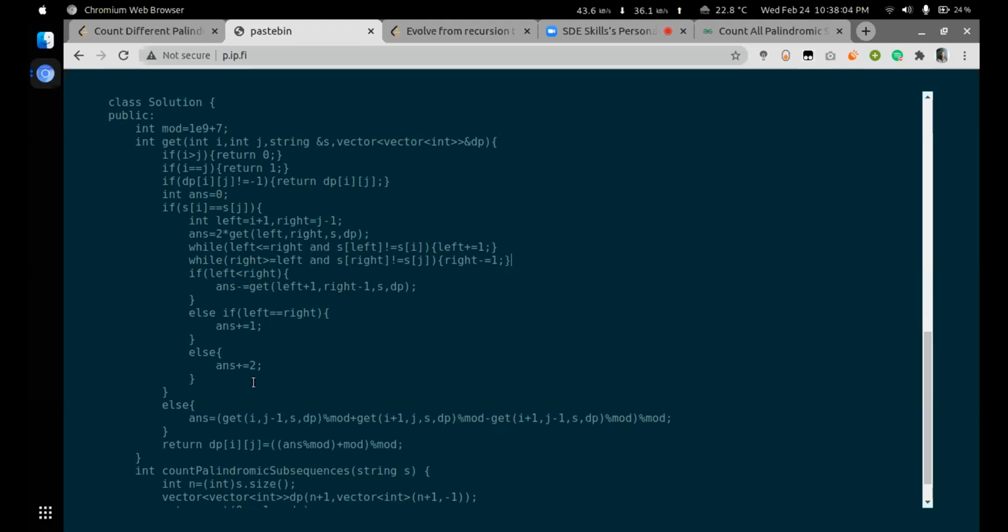I think when both the characters are the same, only then do I need to come to this part.